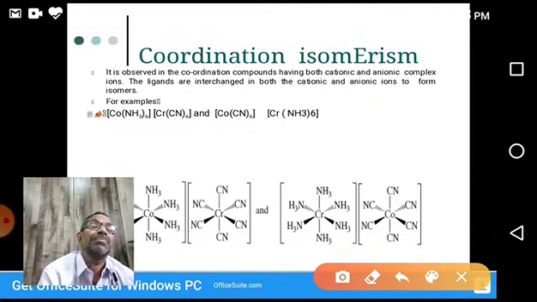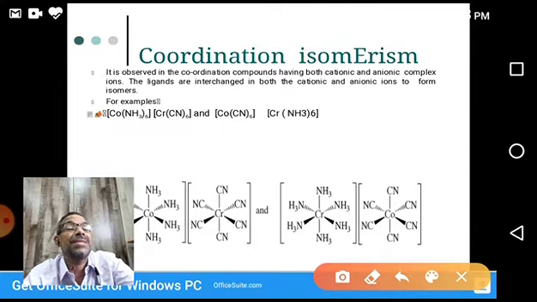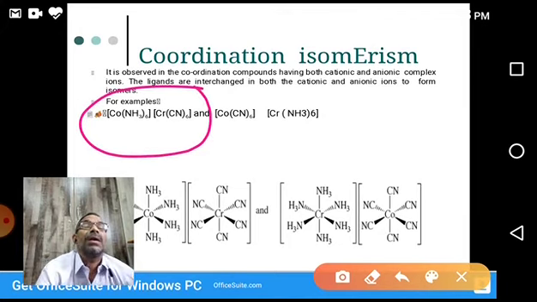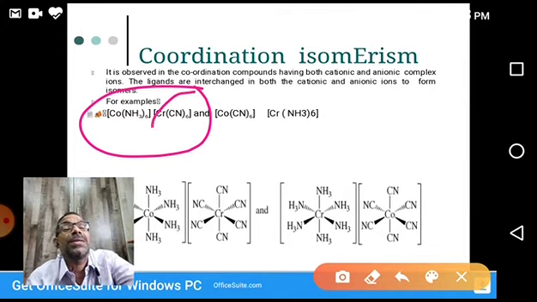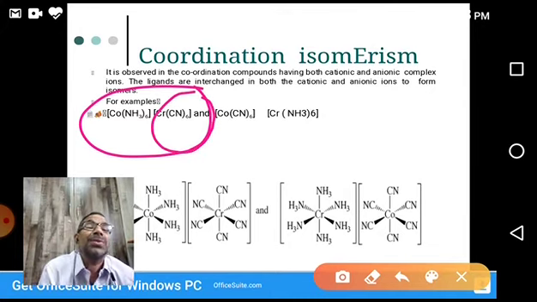The composition is the same: 1 cobalt, 1 chromium, 6 cyanides, 6 ammonia ligands in each case. But the arrangement is different. You see, in the first case, this is one compound. In the cationic complex, cobalt is linked to ammonia ligands. In the anionic complex, chromium is linked to cyanide ligands. So ammonia is linked to cobalt, whereas cyanide is linked to chromium in the first example.